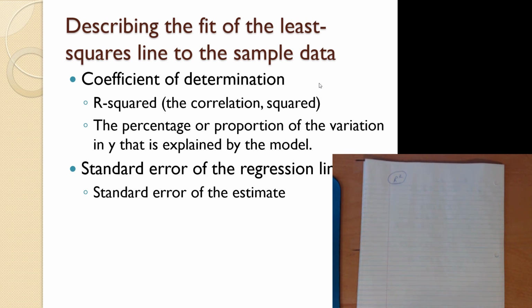Another estimate for goodness of fit, how well our model describes the data, is the standard error of the regression line. It's also called the standard error of the estimate. It is essentially the average distance from a given observation to the line. It's like a standard deviation.